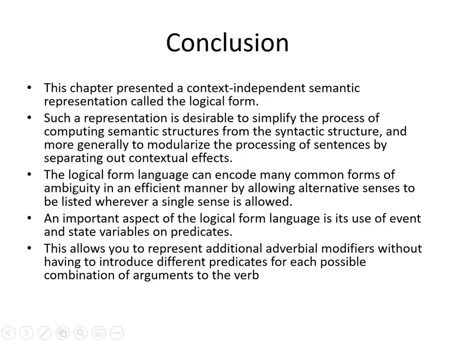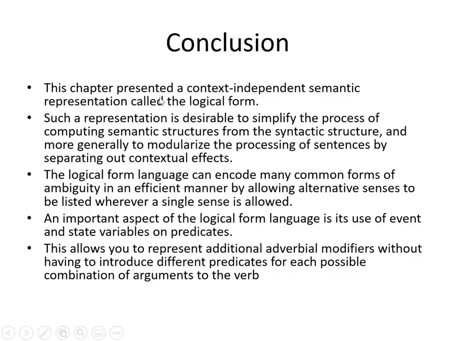So this is all about how the semantic interpretation can be done using logical form language, and this is used in natural language processing for removing semantic ambiguity. Word sense ambiguity can be disambiguated with this type of logical form.